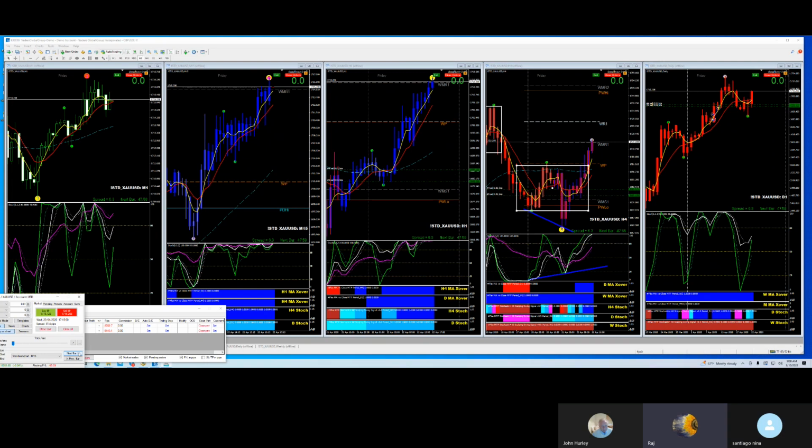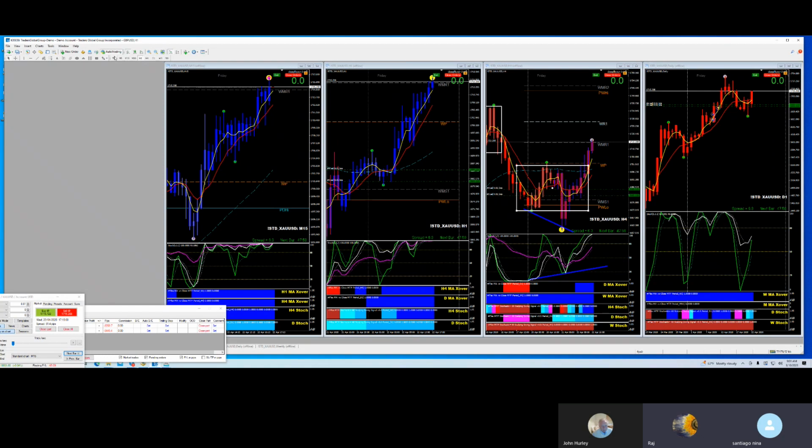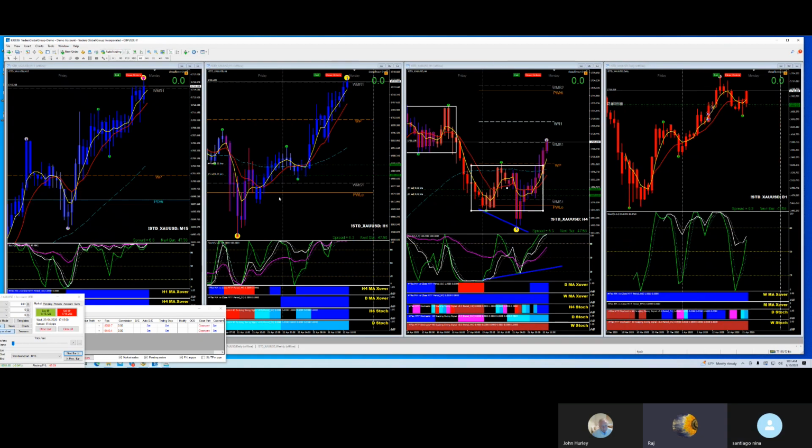Isn't that the 1 minute? M1? 15, 1 hour. Well, oh yeah, we said we didn't want that one. All right. Now it starts to make a little bit more sense. So we've got a better picture of where the stochastic is, what it's actually doing.